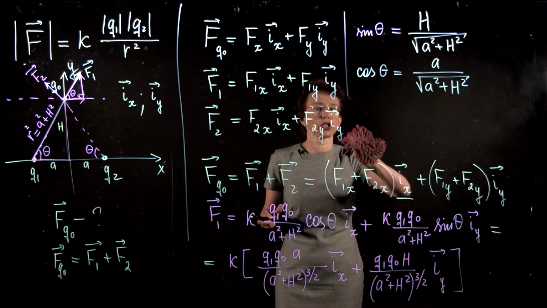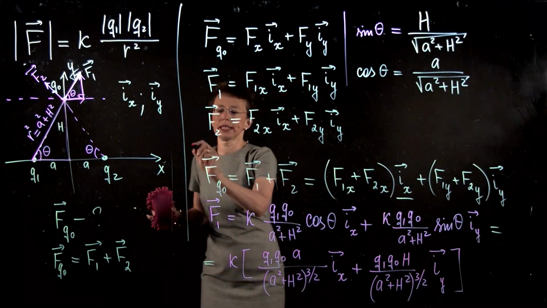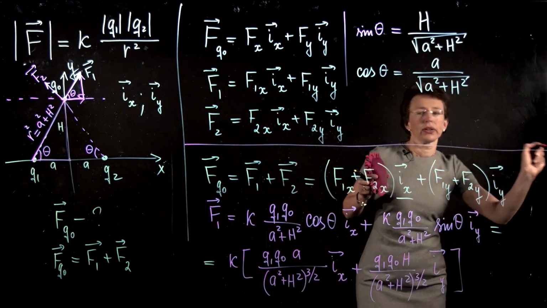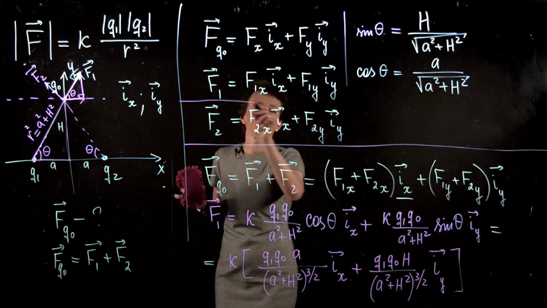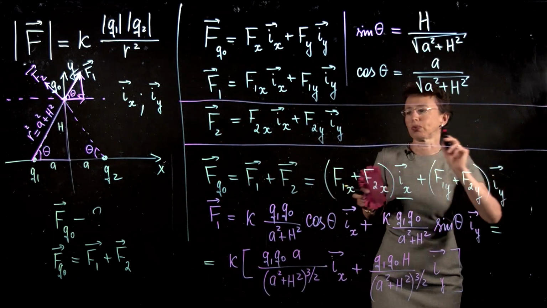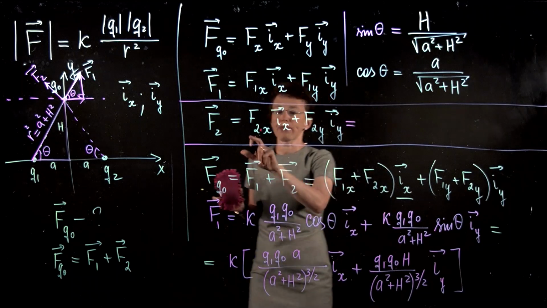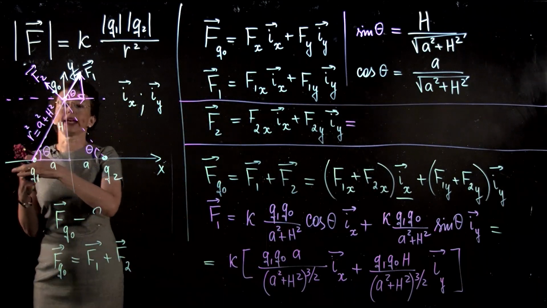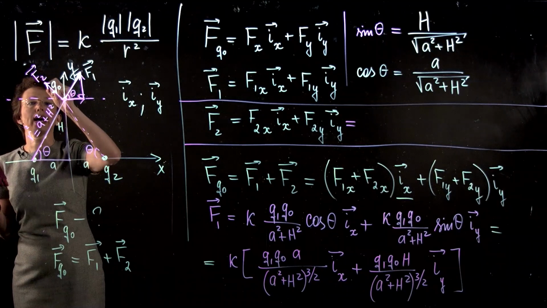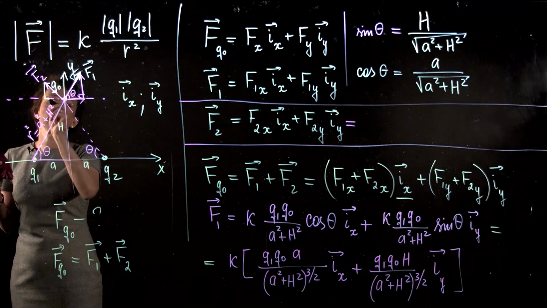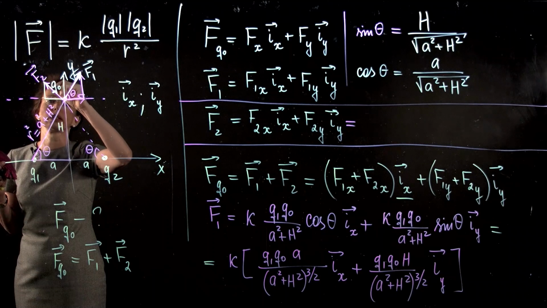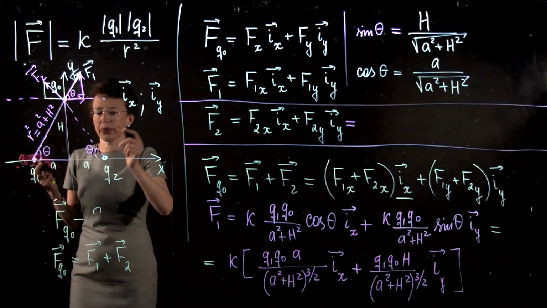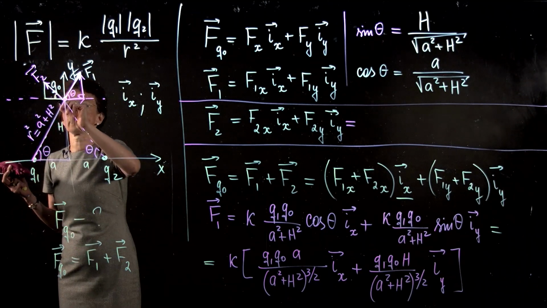So for F2, I will continue right here, this line. So what will be F2? Let's look at F2. I project it on x. So I will draw a line perpendicular to x. I will use this triangle. And we understand that this angle theta is the same as this.